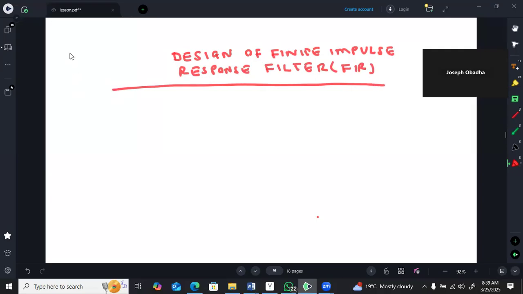So there are several possible methods of designing the finite impulse response filters, which include the Fourier transform method. We have what we call the window method.